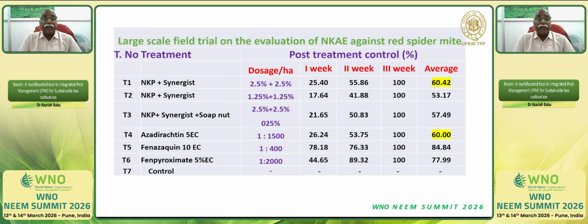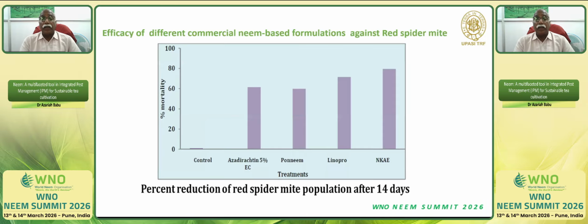With two sprays of azadirachtin, the average control over the first, second, and third week was around 60% under field conditions. The neem kernel aqueous extract with synergist is comparable with the commercially available 5% azadirachtin formulation.